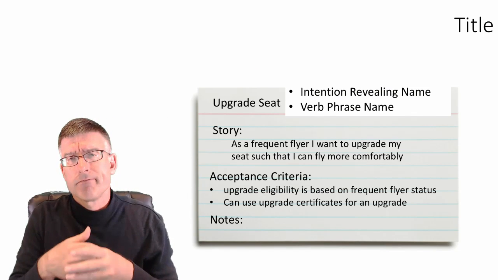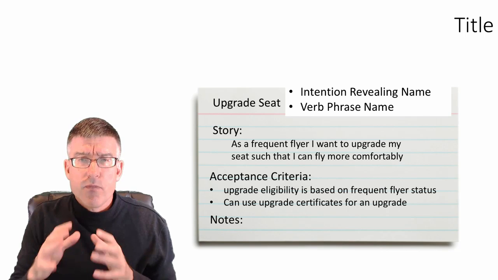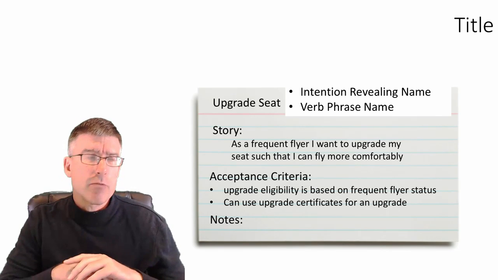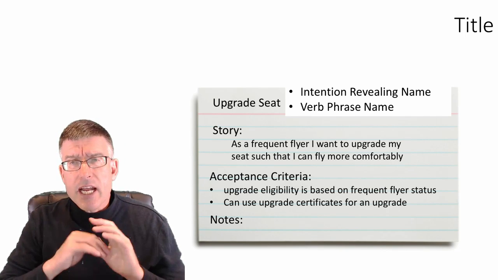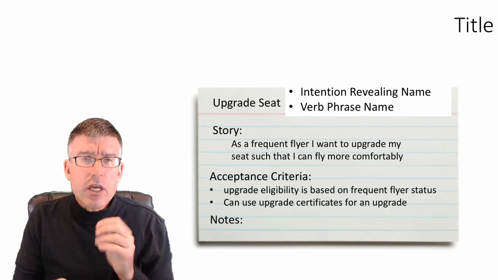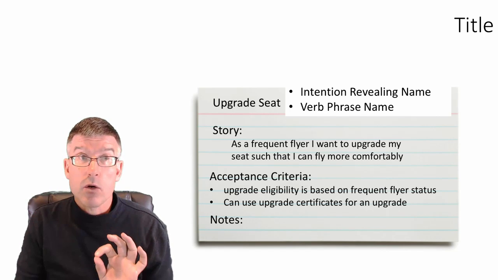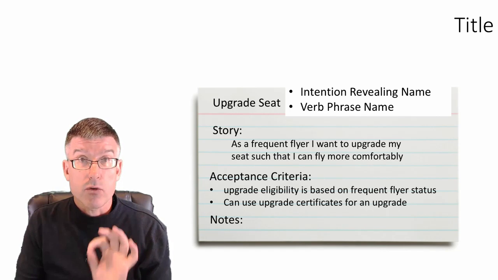So the title. One thing I would tell you about the title is, first of all, recommended it should be a verb phrase name, and ideally an intention revealing name. Seriously, if you can't come up with a good verb phrase name for your user story, you really want to question whether or not you've got a good user story.